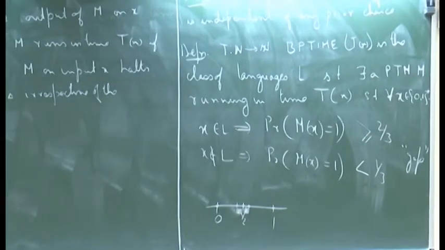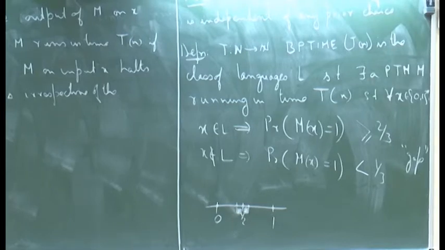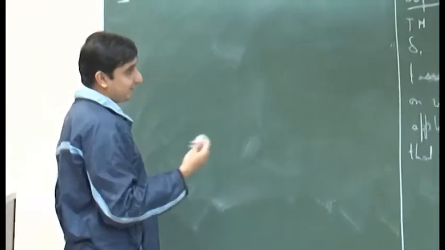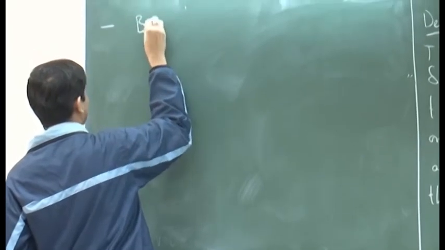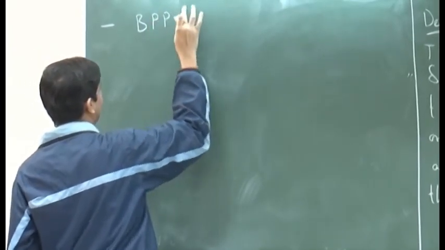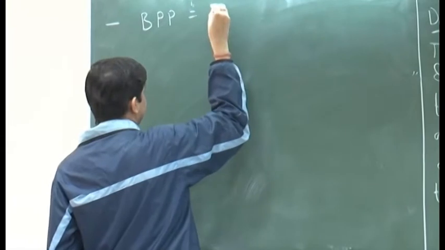So, we have not talked about polynomial times yet. We are just talking about some time function t of n. So, let us hold on for a moment. Okay, so now we can look at polynomial time machines, and that gives us the class BPP. Okay, so it has the same usual definition.